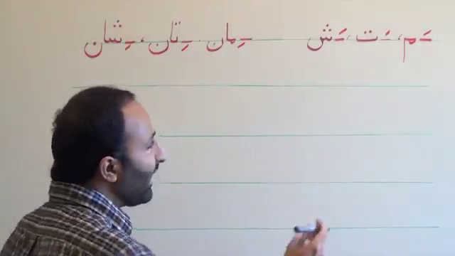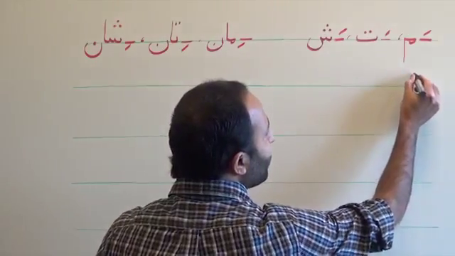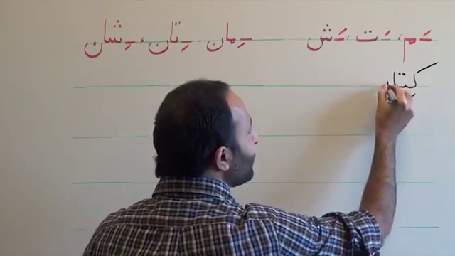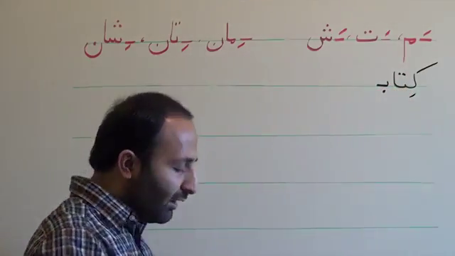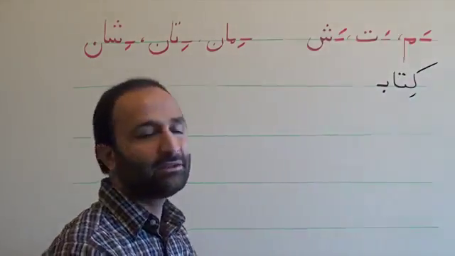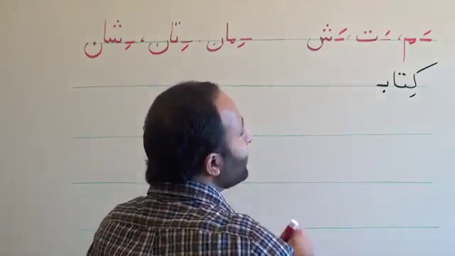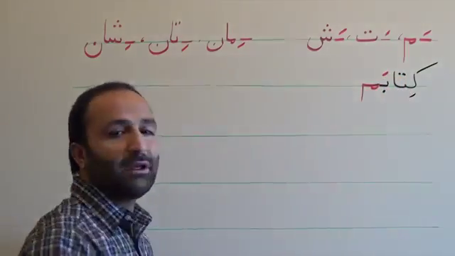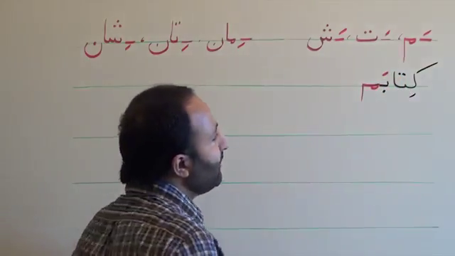For example, we have the word kitab. Now if we attach one of these endings to it, we have kitabam, which means my book. The same for others.